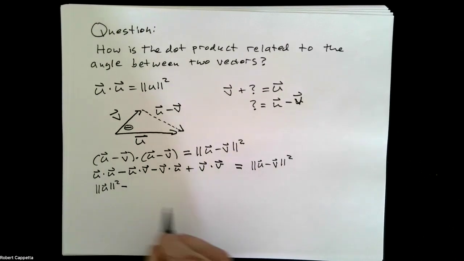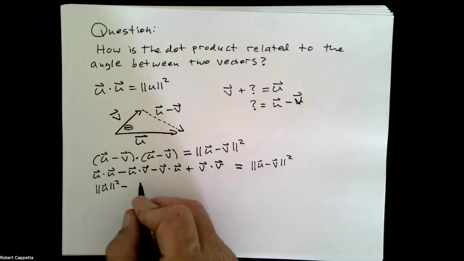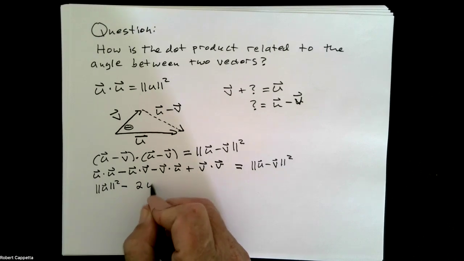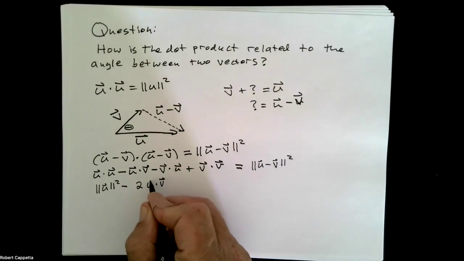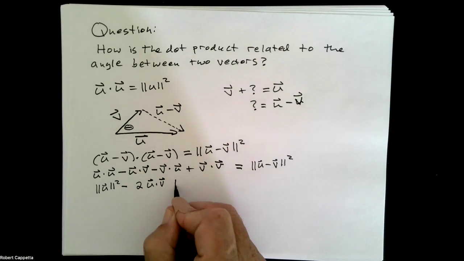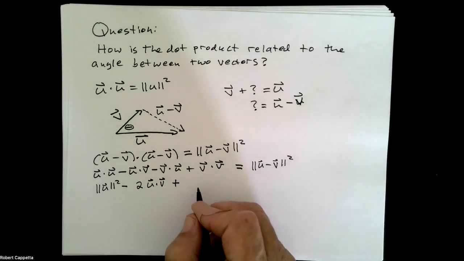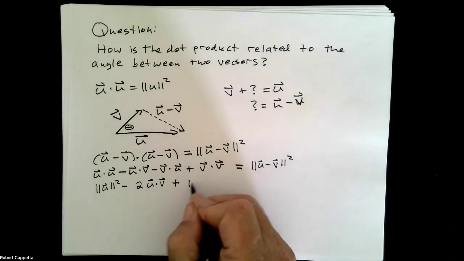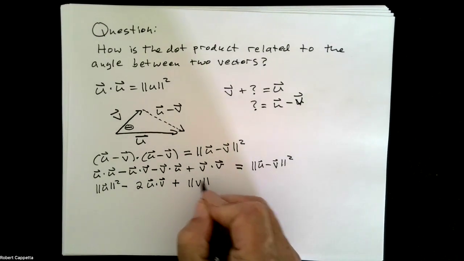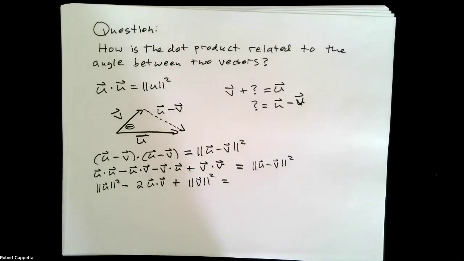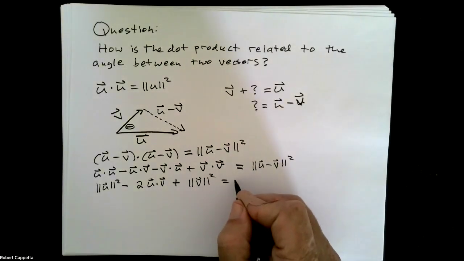So u dot v and v dot u are essentially the same thing. So we'll go ahead and make that twice u dot v. Plus v dot v is, of course, the length of v squared. And that is the same as the magnitude of u minus v squared.